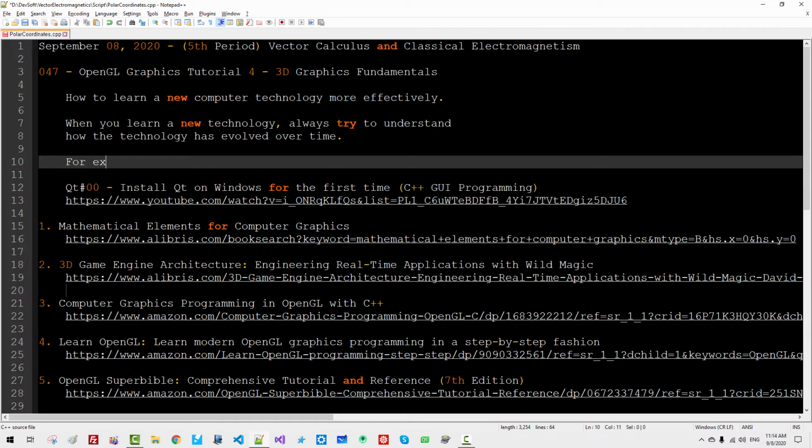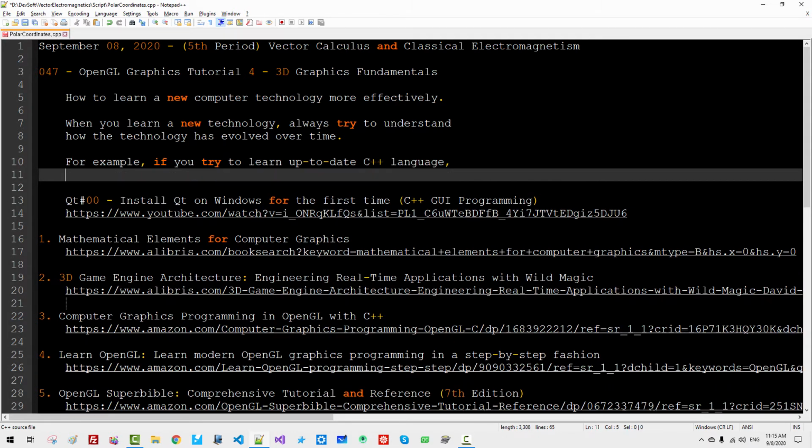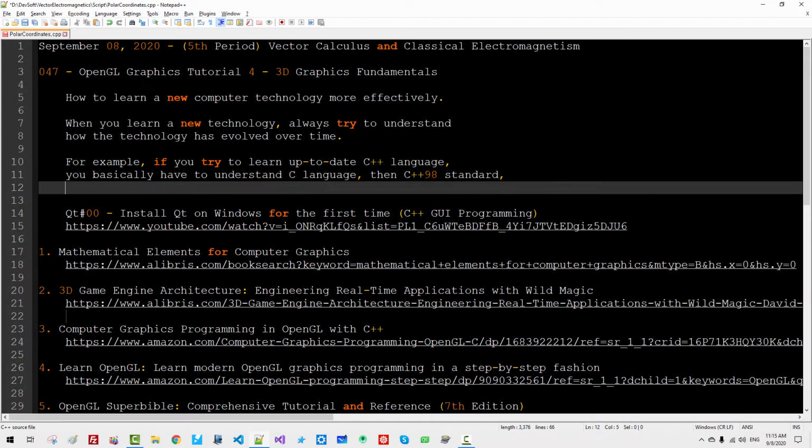For example, if you try to learn up-to-date C++ language, you basically have to understand C language, then the C++ 98 standard, the C++ 11 standard, then C++ 17, up to the C++ 20 standard.